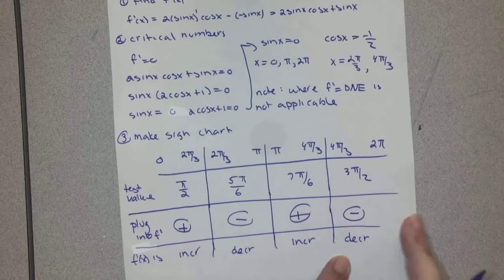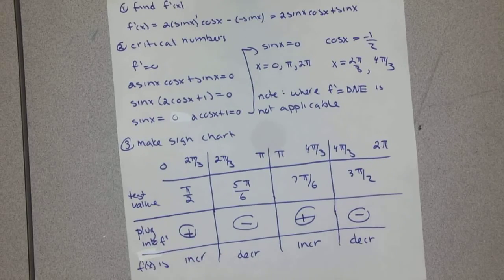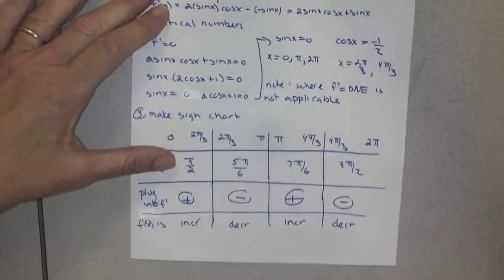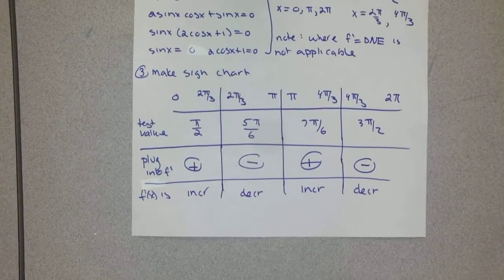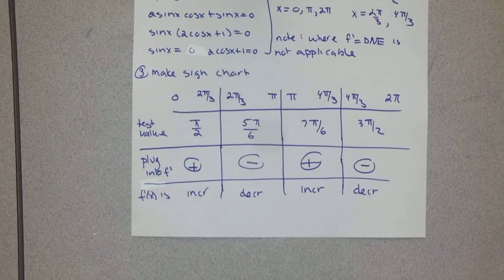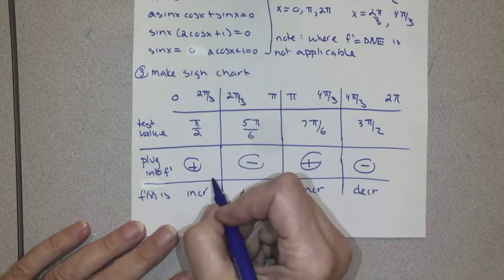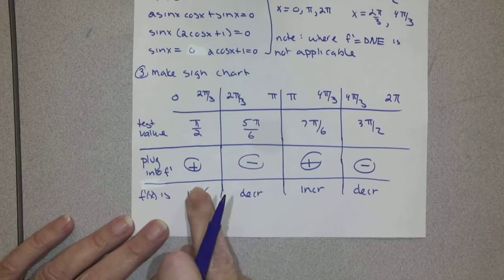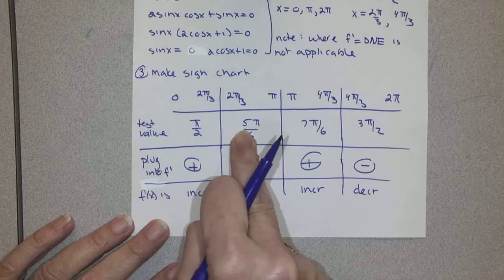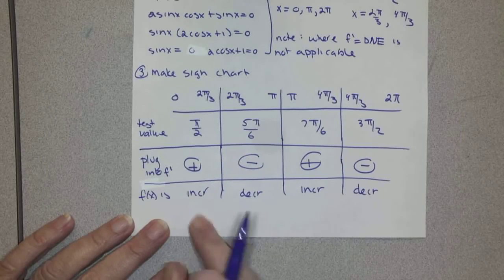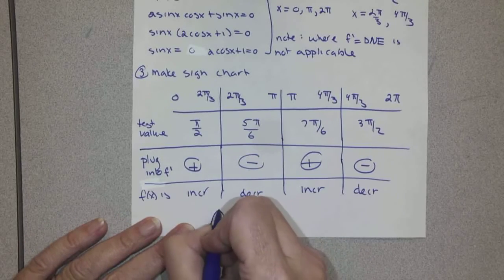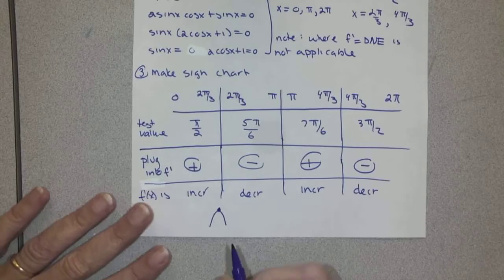Positive derivative increasing, negative derivative decreasing. And then from there, I can tell where I have local maxes or mins. At 2 pi over 3, I go from increasing to decreasing. So there had to be a maximum there.